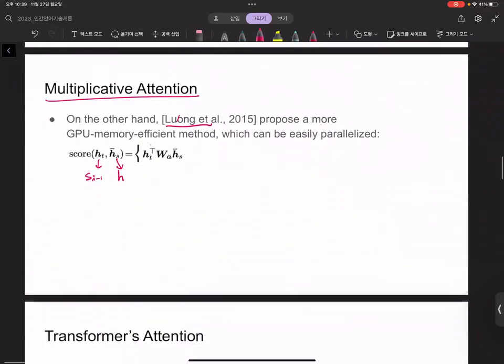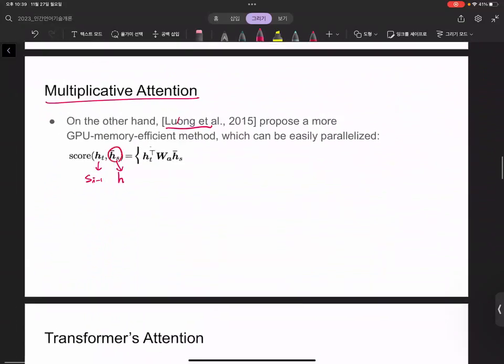Actually, because this is all the output from all time steps, this is basically not a single step output.